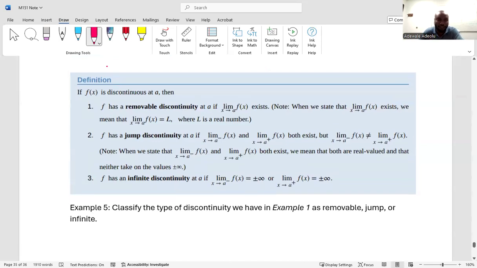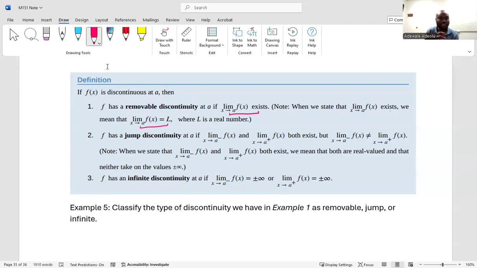More formally, we say f has a removable discontinuity at A if the limit exists. Note, when we say that the limit exists, we mean that we are having a true value, a real number.